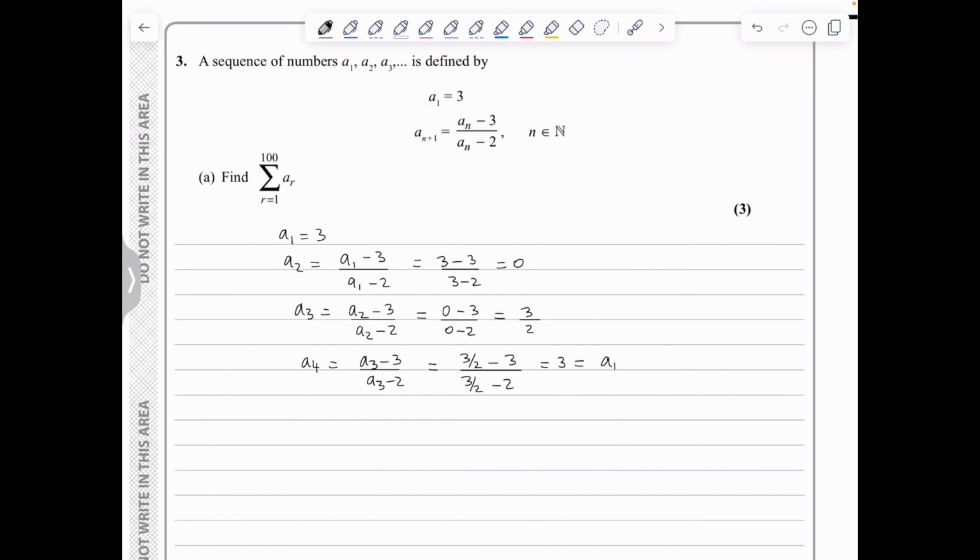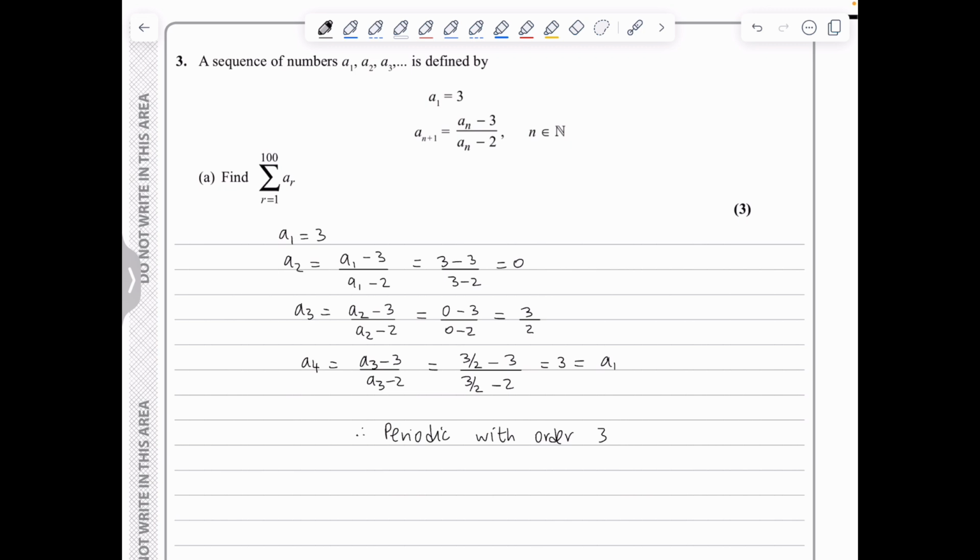So since a4 is equal to a1, we are looking at a periodic sequence, and this repeats every 3 terms. So we say it's periodic with order 3. So every 3 terms form a pattern.